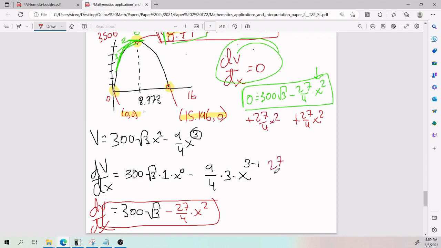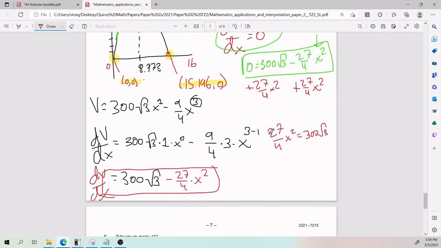So I have this on the left side. On the right side, I have just this. I want to keep getting x alone, so I'm going to start by multiplying by 4 to both sides. So I end up with 27 x squared equals 300 times 4 times square root of 3. Divide both sides by 27 to keep getting x alone.